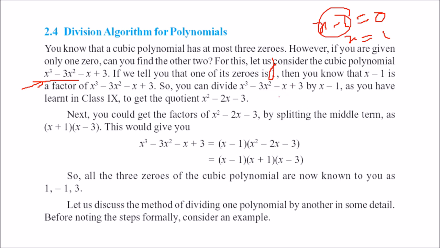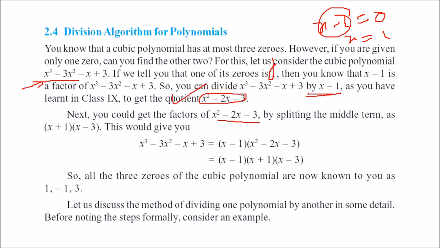Now let us divide them. If you divide x cube minus 3x square minus x plus 3 by x minus 1, you will get x square minus 2x minus 3, which is called the quotient.